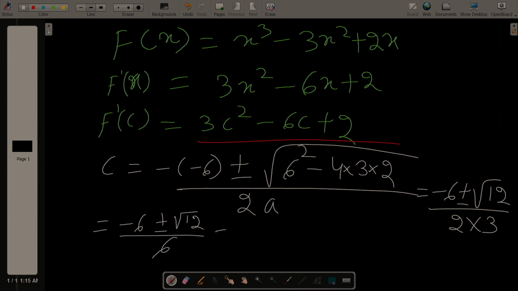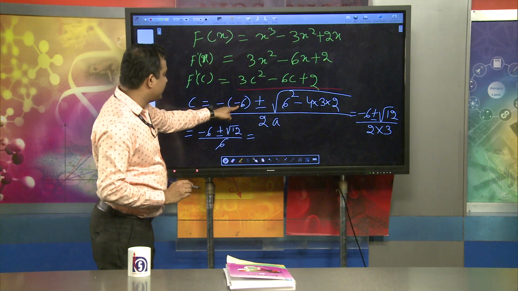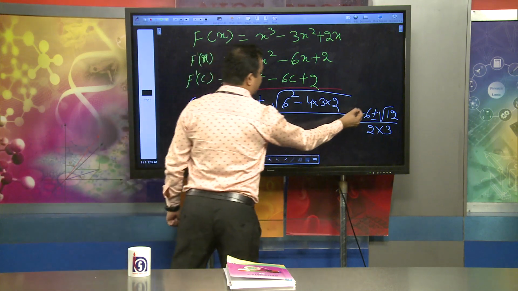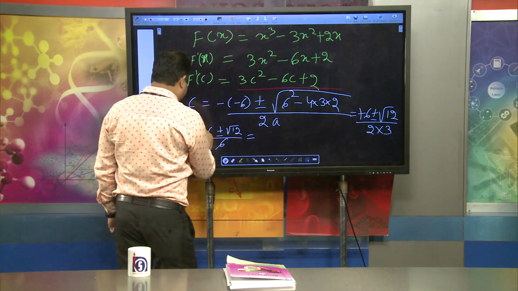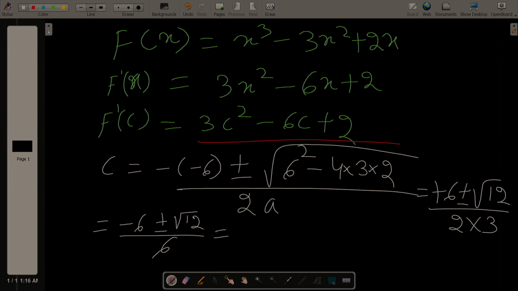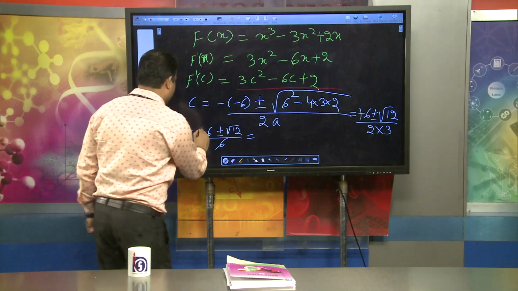So I can write minus of minus 6 plus minus the square root of 36 minus 24, that is 12, divided by 6. When you solve, you get minus of minus 6, which is plus 6, plus minus the square root of 12, divided by 6.